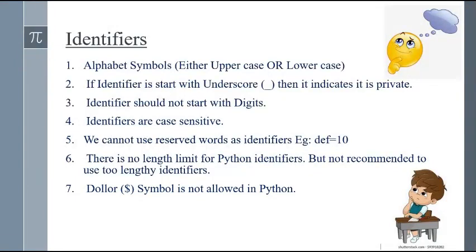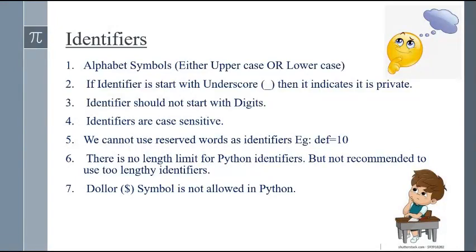We cannot use a reserved word as an identifier. For example, def equals 10. def is a reserved word which has a special meaning, that is why we cannot use def as an identifier. There is no length limit for a Python identifier.